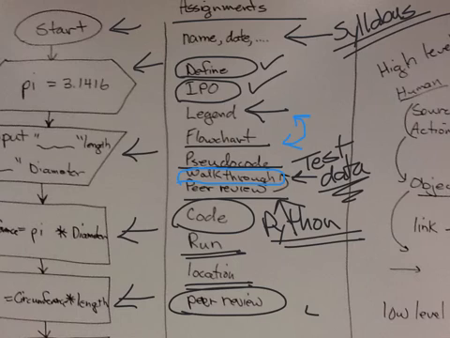So, every program, every piece of documentation you turn in will have all these things. It'll have this information at the beginning. You'll define it, you'll have an IPO, you'll have a legend, should be all easy and well labeled to find, flowchart. You'll have a pseudocode, you'll actually have the walkthrough there, and then you'll indicate that there was a peer review done on it.